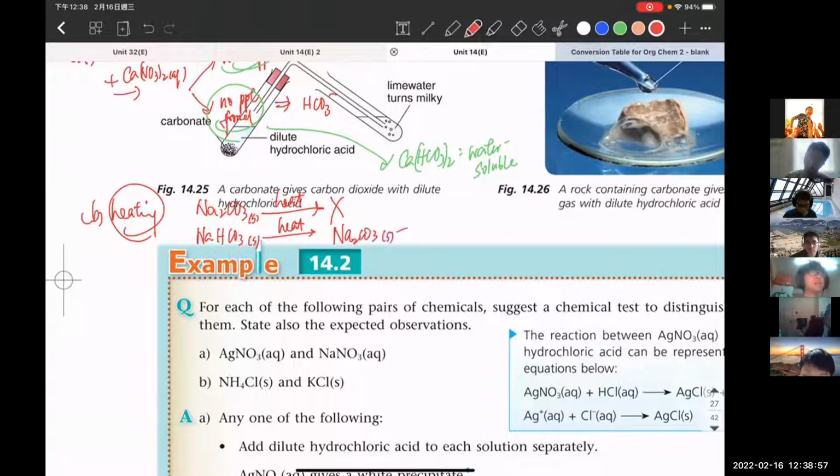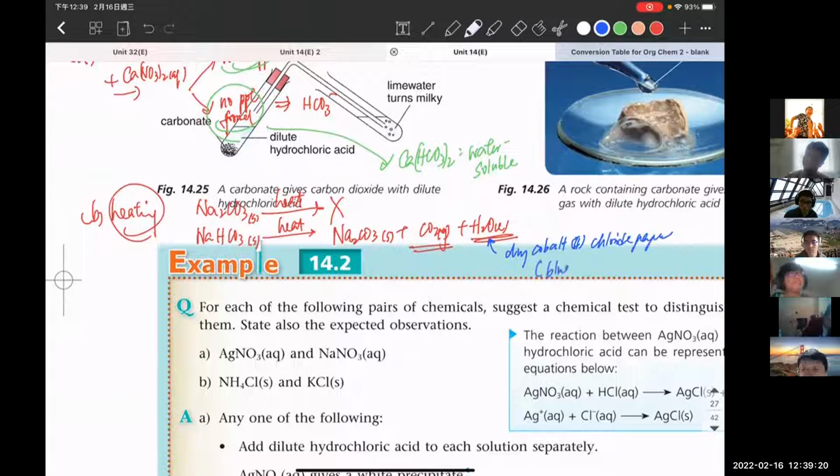Yes, that's right. So you are going to either test the gas formed with lime water again, or test the presence of water vapor by what paper? I saw on the internet they said you have to measure the weight loss.